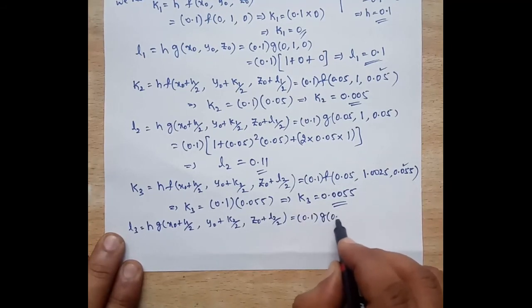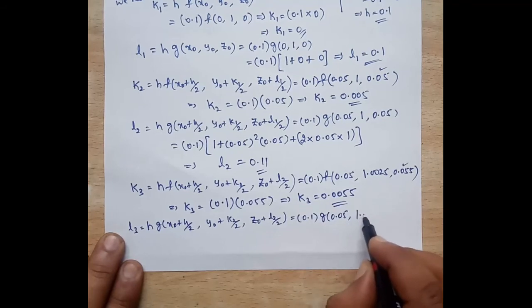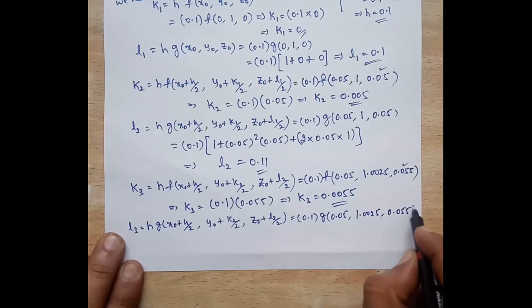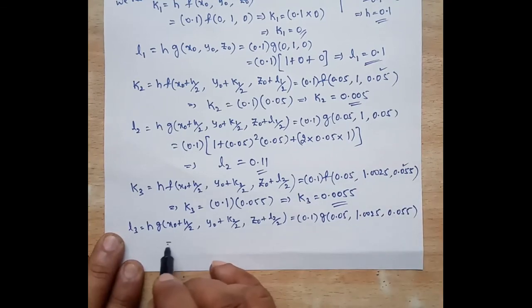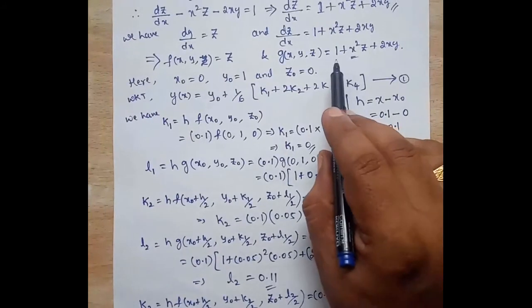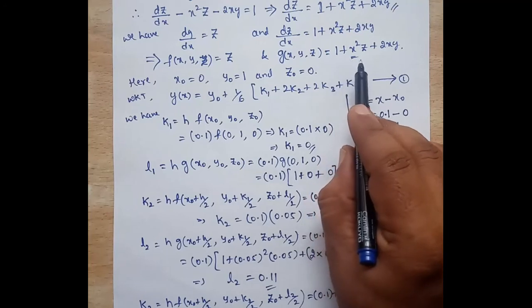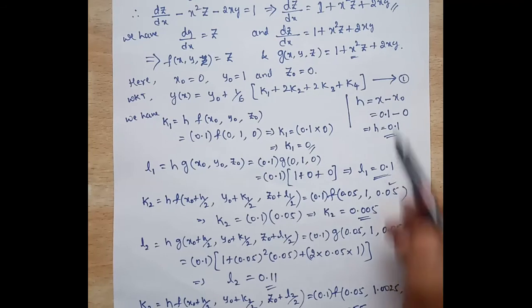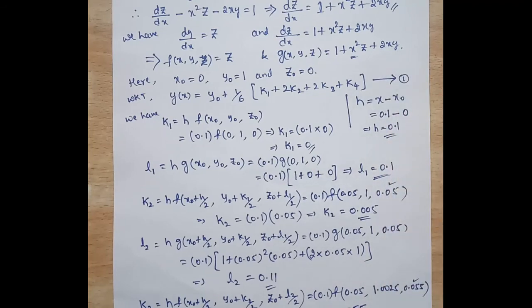G of 0.05, 1.0025, 0.055. Now this is equal to 0.1 into, now g. So now g is 1 plus x square z plus 2xy. In place of x, we will put this value. In place of y, we put this one. And in place of this z, we will put 0.055 here.